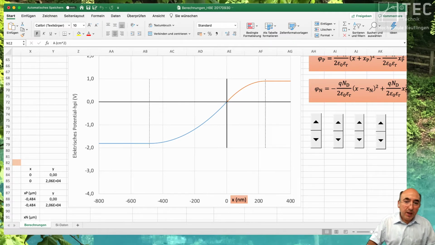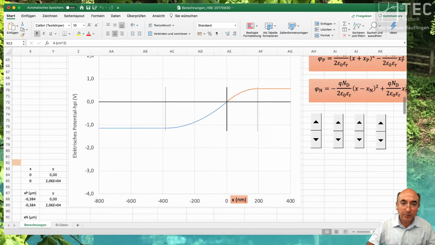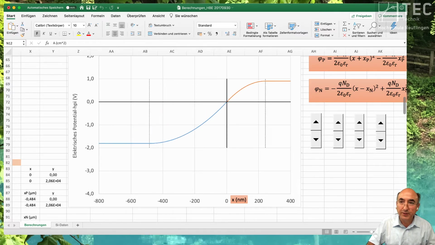Okay. And this change, I go back to 0 volt. So this is the 0 volt condition. This change in space charge region extension is the result of your applied negative voltage to the diode.